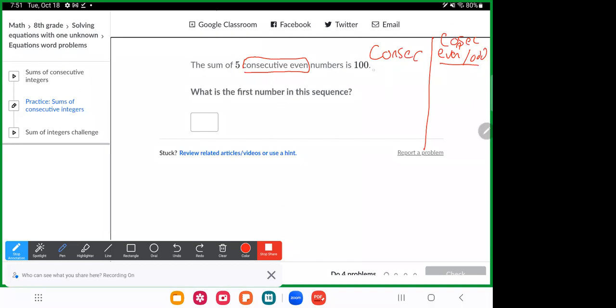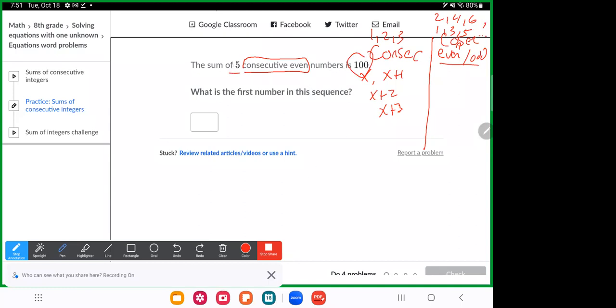So consecutive is like x plus 1, x plus 2, x plus 3, because consecutive means in order, like 1, 2, 3. Consecutive even would be 2, 4, 6, and so on. Consecutive odd would be 1, 3, 5, and so on. Okay? So the difference is going to be what their sum is and how many there are. And so we're going to set up an equation.